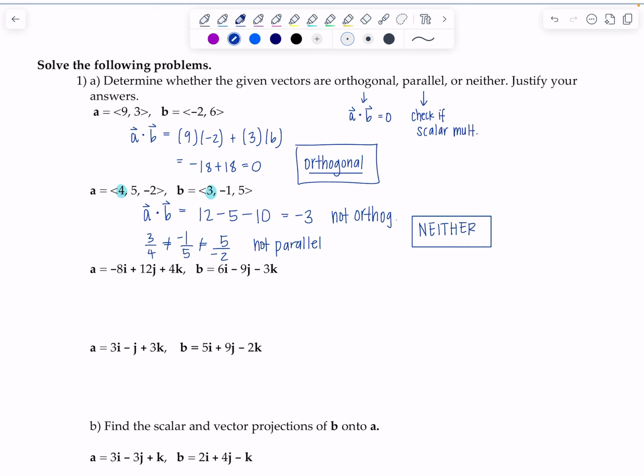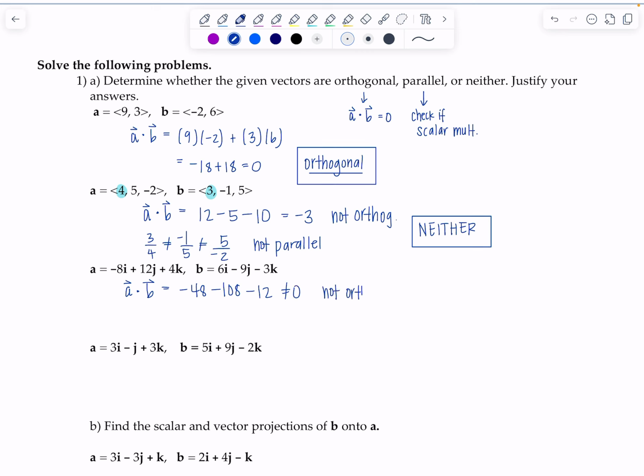Okay, moving on. Here we have two vectors, A and B. Let's check their dot product. So -8 times 6, -48, minus 108, minus 12. They're all negative, so who cares what it is? It's not 0, so not orthogonal. Now let's see, are they scalar multiples of one another?